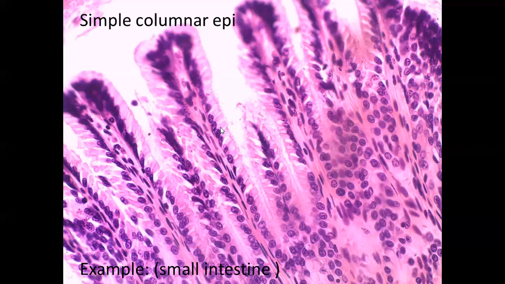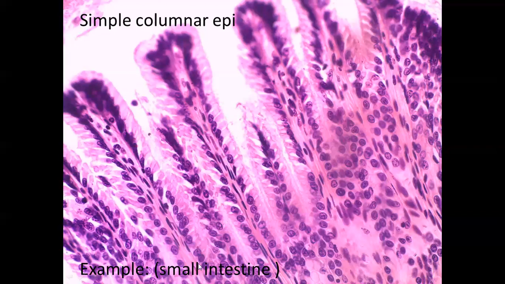Above the nuclei is a clear area; the distance above the nuclei is more than below. From this feature, we know that this type of epithelium is simple columnar.